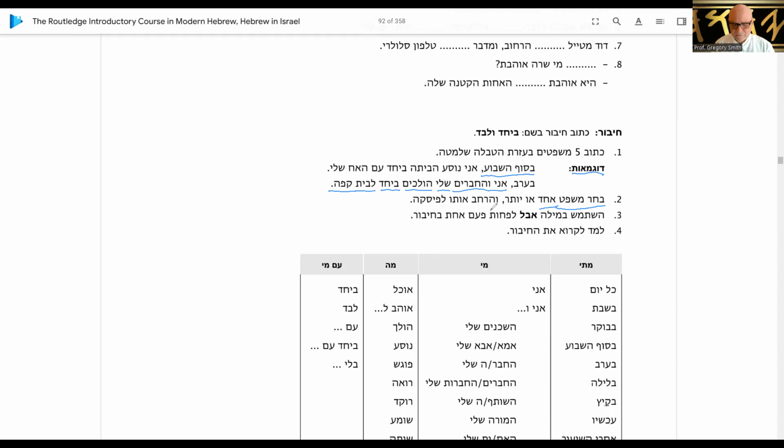And expand. משפט אחד או יותר והרחב. Okay, and then oto, it.